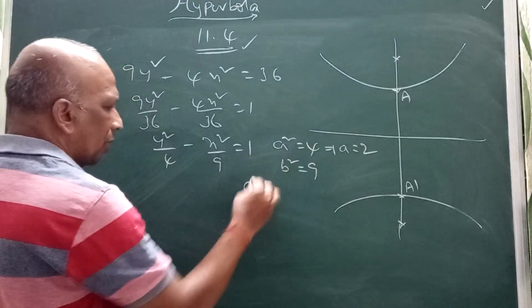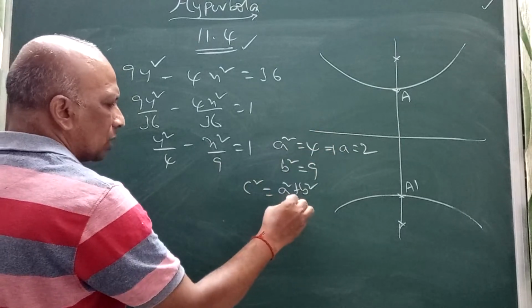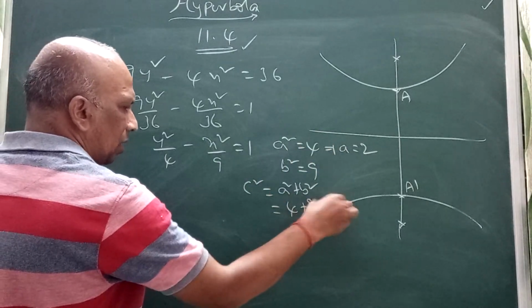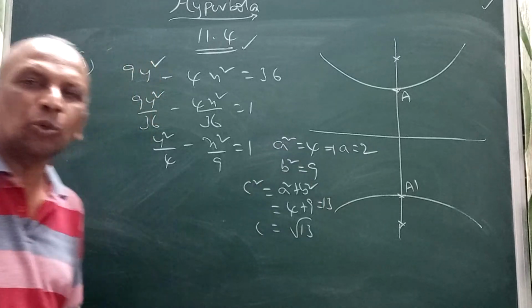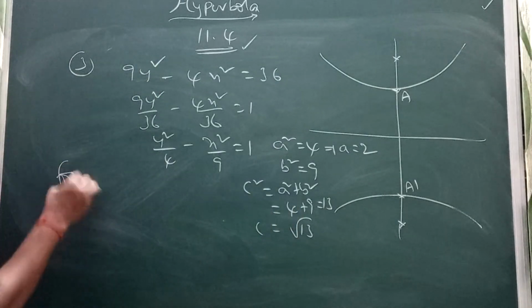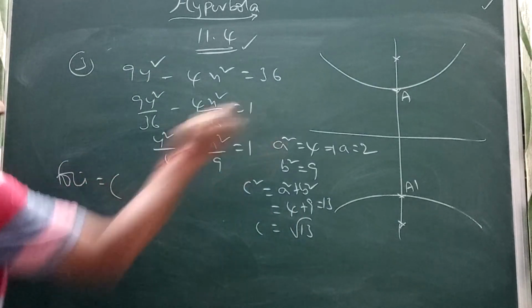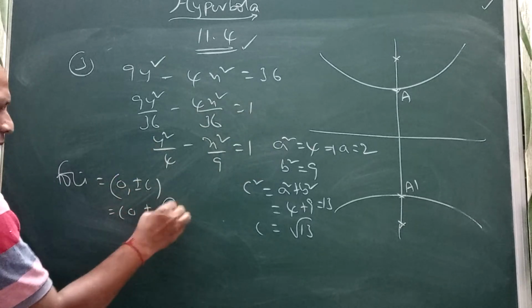c square equals a square plus b square. We know these values: 4 plus 9, 13. So c is equal to root 13. Since c is root 13, the foci are 0, comma plus or minus c, that is 0, comma plus or minus root 13.